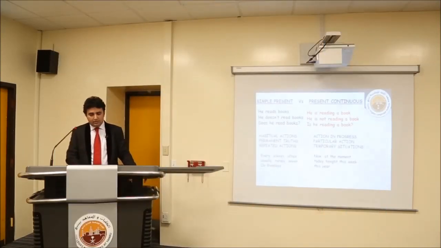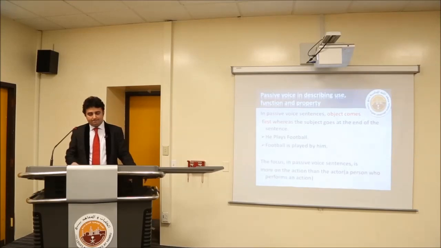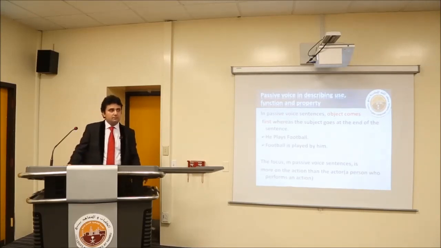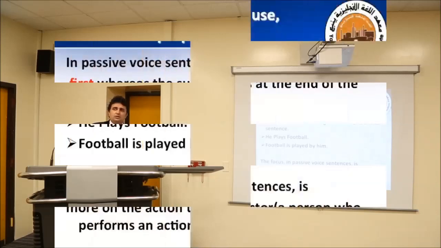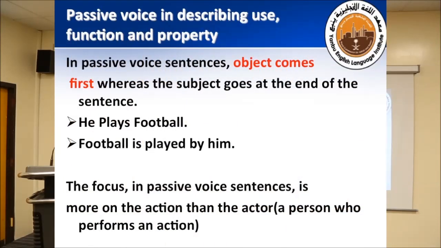Our next learning objective, and our last learning objective, which I'm going to summarize, is passive voice. What is passive voice? We talk about active voice and passive voice. In active voice sentences, the subject comes first, whereas in passive voice sentences, the object comes first.